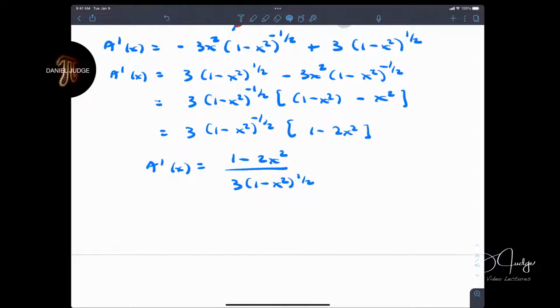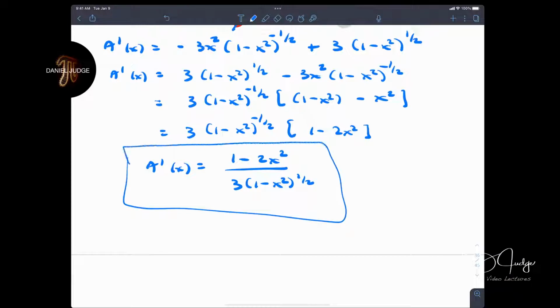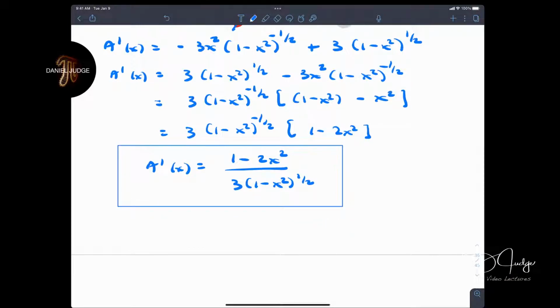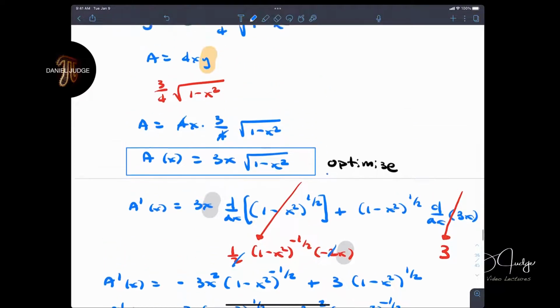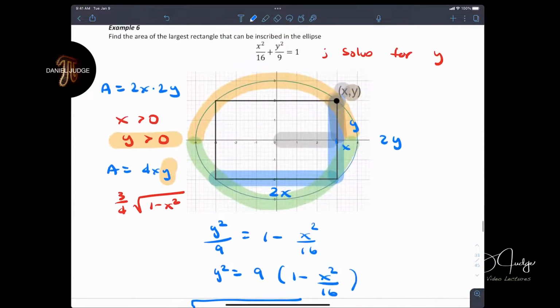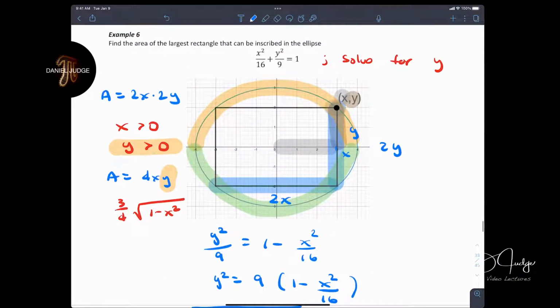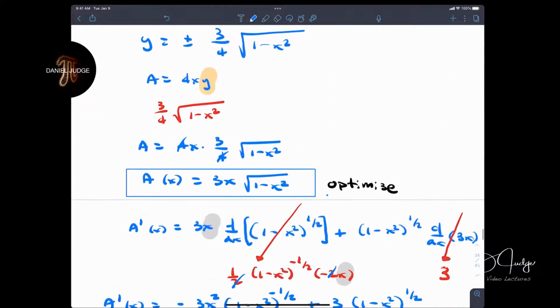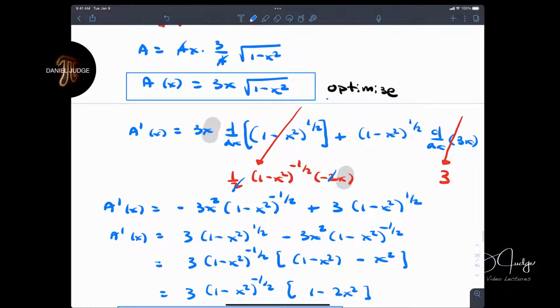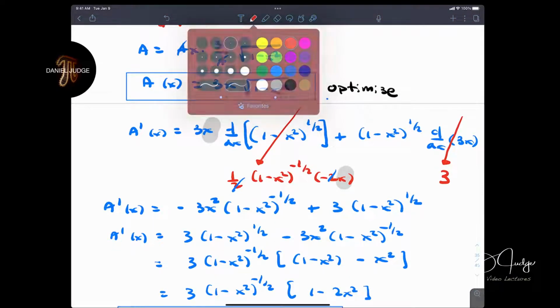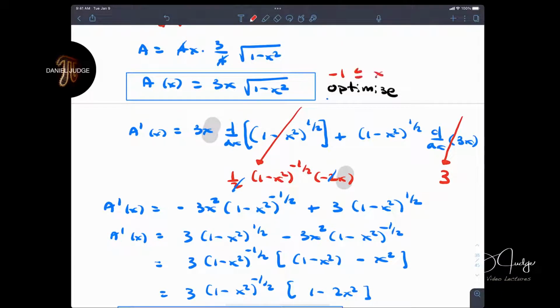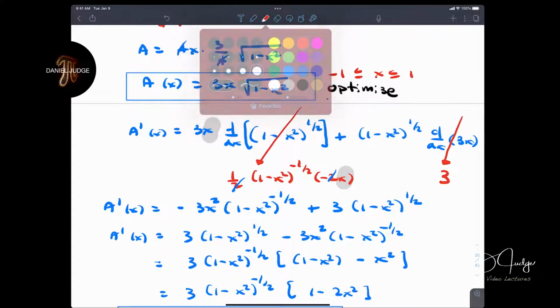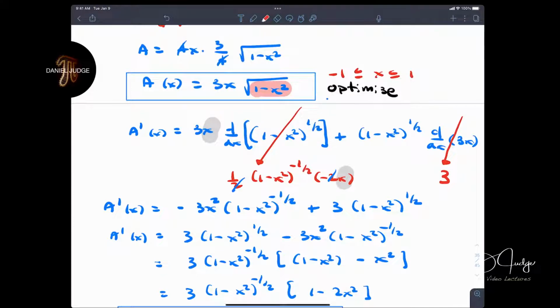Okay, now go back and remember a few things about this. X and Y are positive. Now, when I go back to this function here for A, again, the domain of this function is the values of X that are between -1 and +1, because we have a square root of 1 minus x squared here.